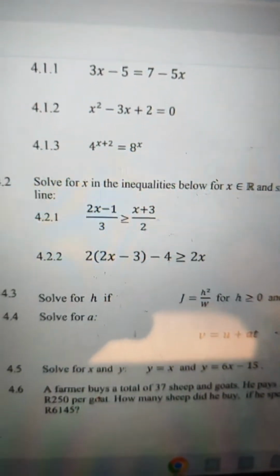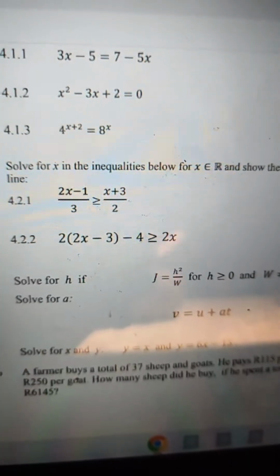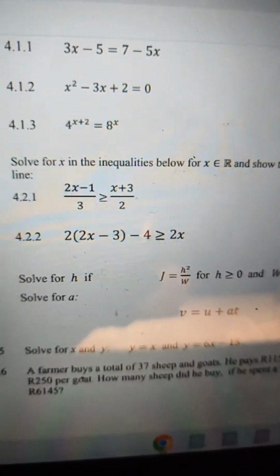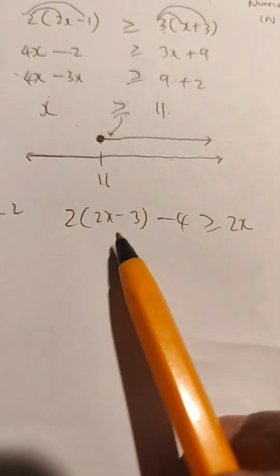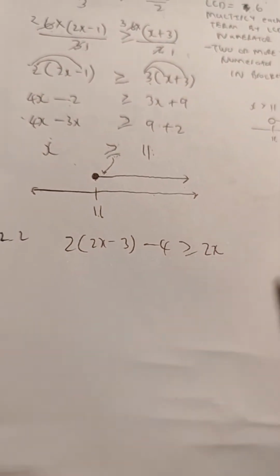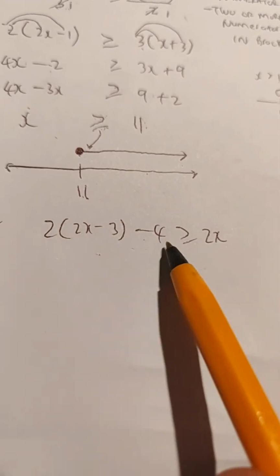4.2.2. Let's look at the other inequality here. The next one: 2 into 2x minus 3, minus 4, is greater than or equal to 2x. Here we have how many terms on the left? 1, minus sign, 2.